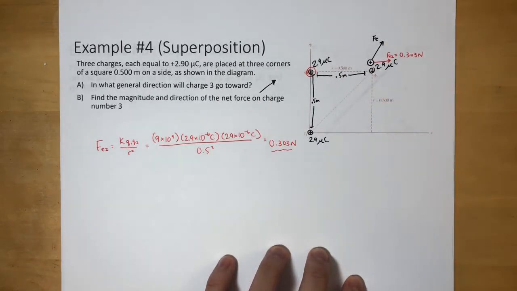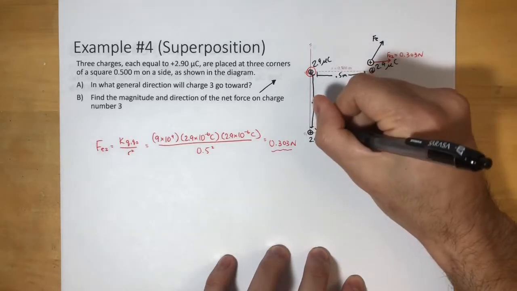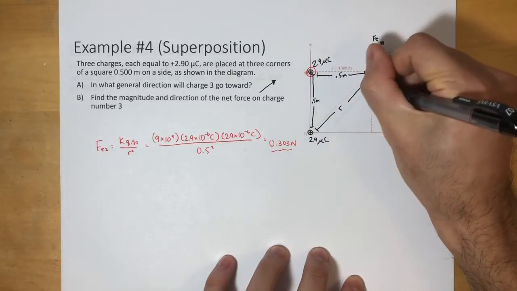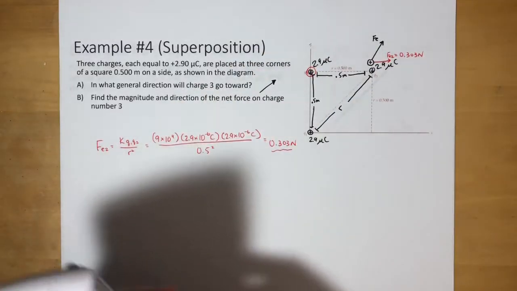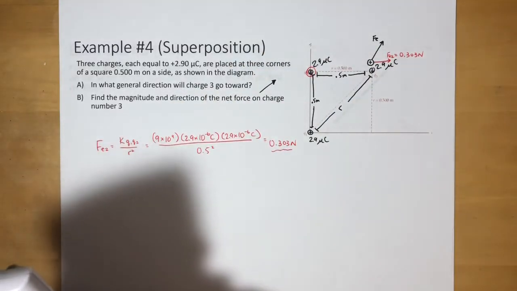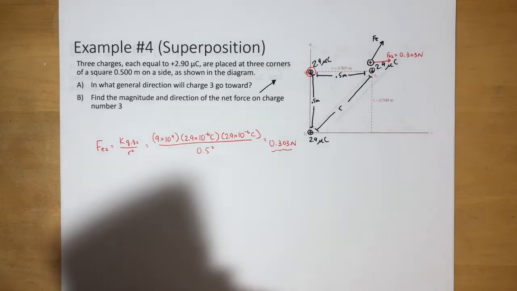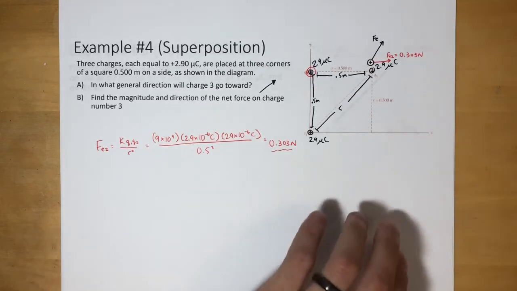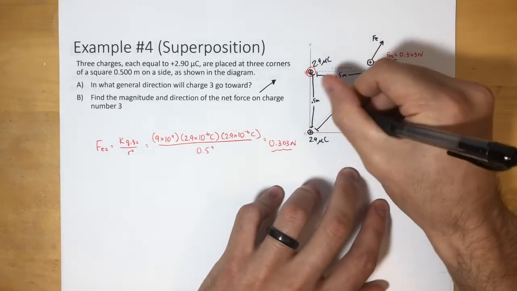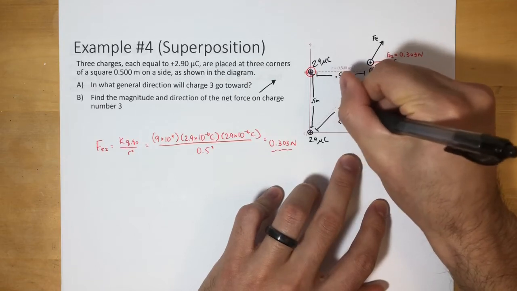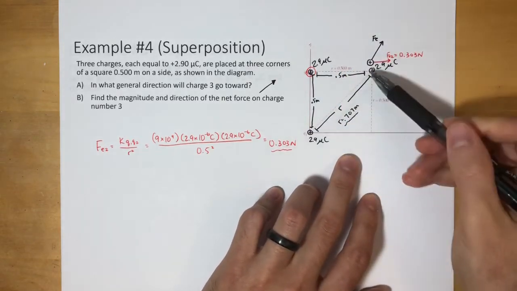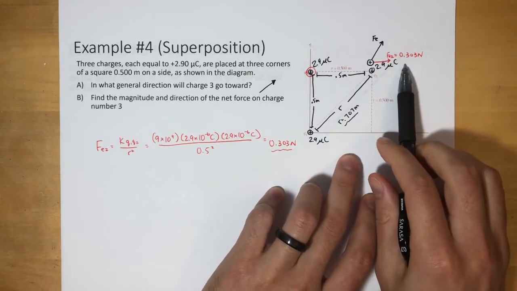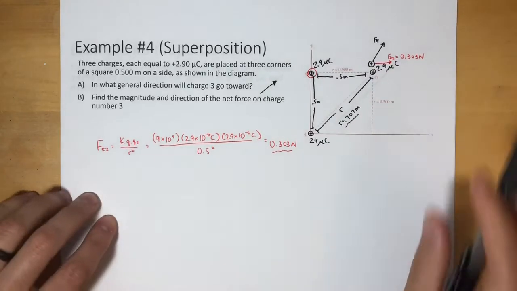So what we first have to do is figure out what this r is equal to. It's not going to be hard. We're just going to be using some Pythagorean theorem, 0.5 squared times 2, and then the square root. And we find that this is going to be 0.707. So r is equal to 0.707 meters. But we should know since this is further away, it should be less than 0.303. And let's figure out what that's going to be.